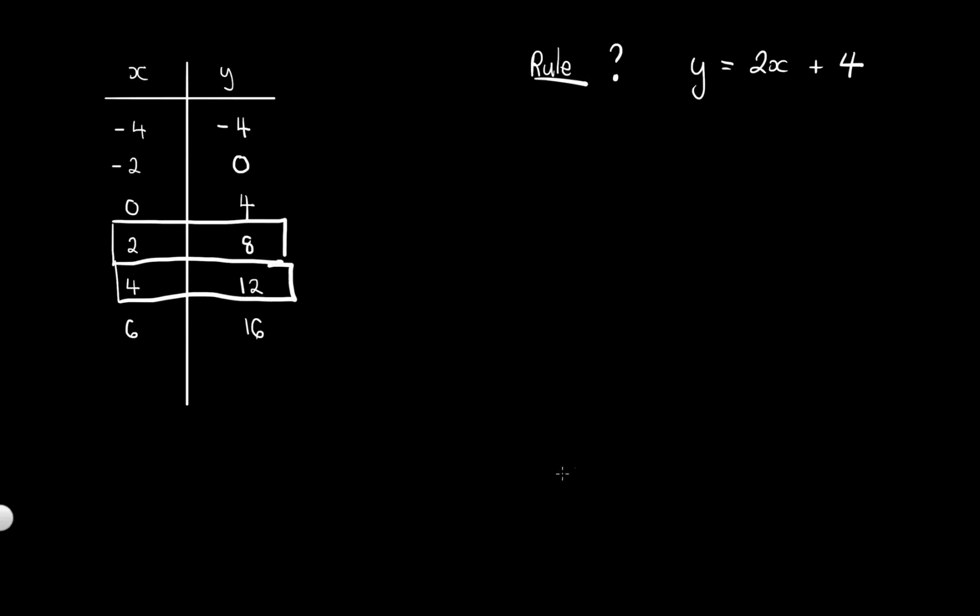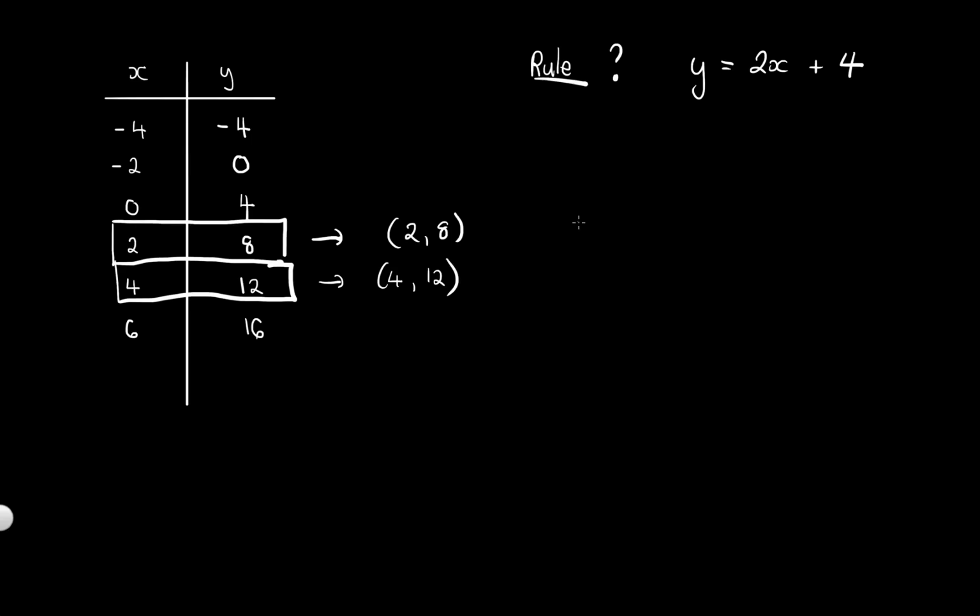Okay, so I'll turn those into coordinates. That's the point 2, 8, and this is the point 4, 12. Now, if you remember last week, we learnt a formula to work out the gradient given any 2 points, and I'll just go over that formula now.